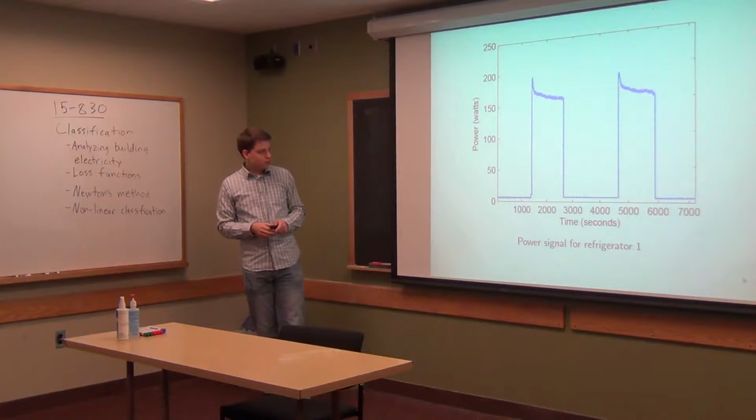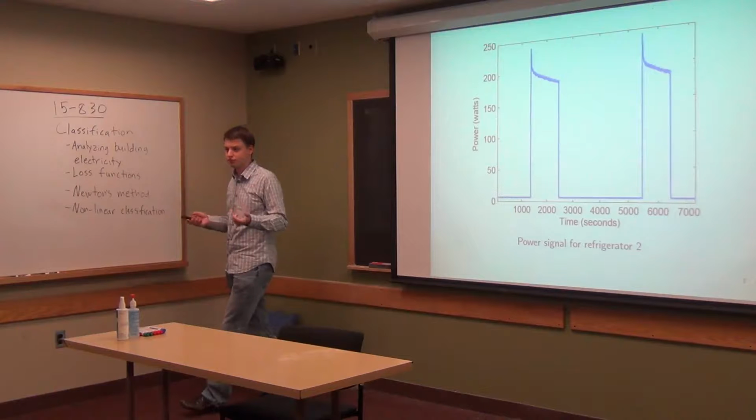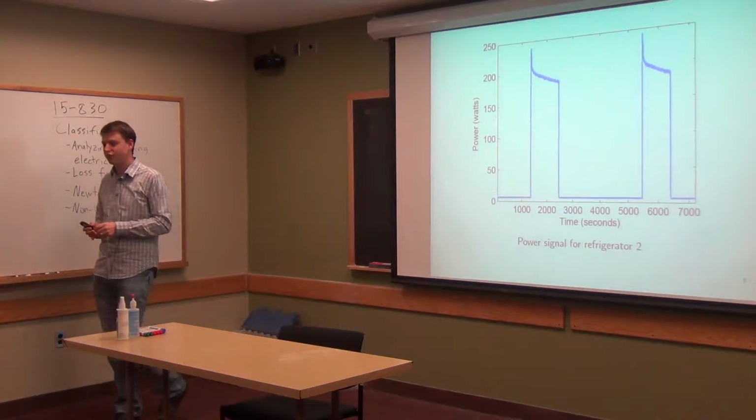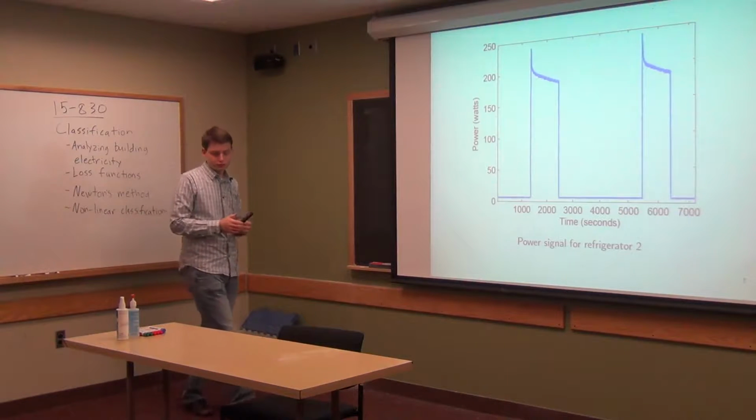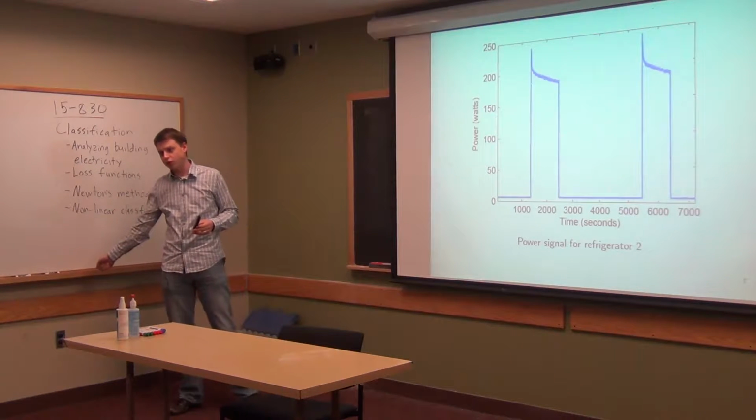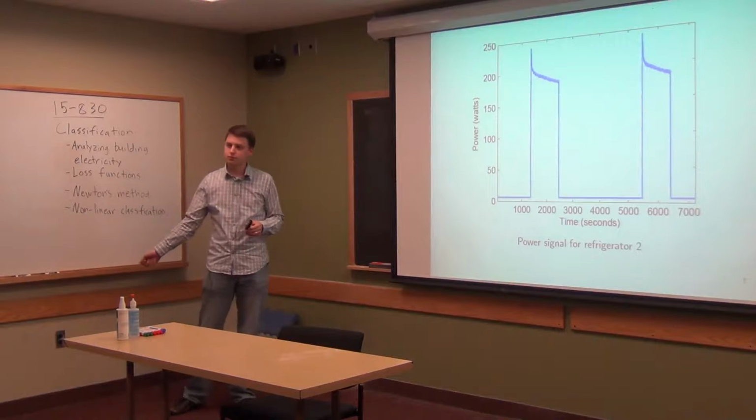So now the question is, we have one fridge that looks like this, and another one maybe looks like this. Maybe we have two different fridges, two different devices, and we want to just tell them apart. Right? We want to know, if I plug one of them into this outlet, which one of those two it is.